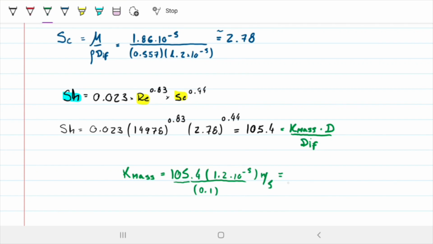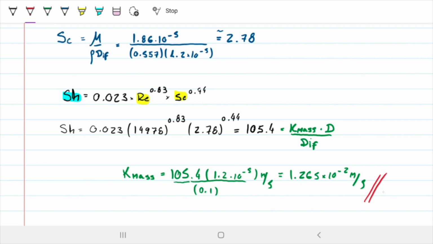I get 0.012, so 1.26565 times 10 to the minus 2 meters per second. Brilliant.